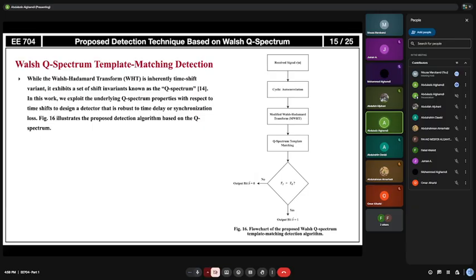This algorithm starts with the received signal by applying the cyclic autocorrelation to the received signal. Following that, we apply the modified Walsh-Hadamard transform after the cyclic autocorrelation to obtain the Q spectrum. Then we do a Q spectrum template matching by multiplying the Q spectrum of the received signal with a reference Q spectrum, one corresponding to the waveform for bit 1 and the other for the waveform that corresponds to bit 0.